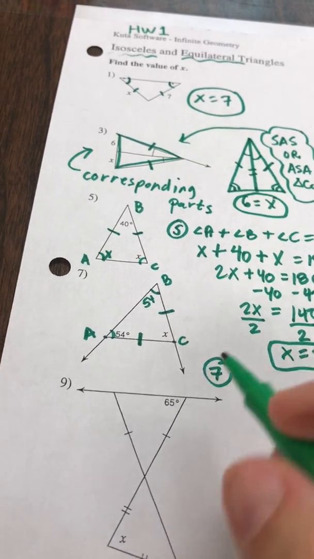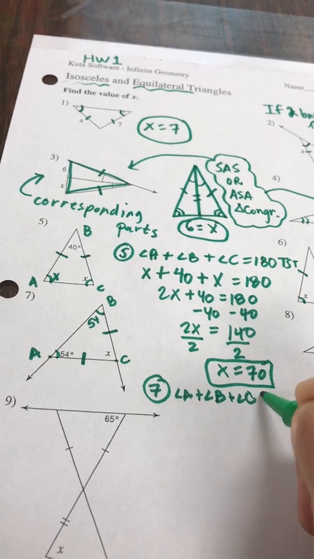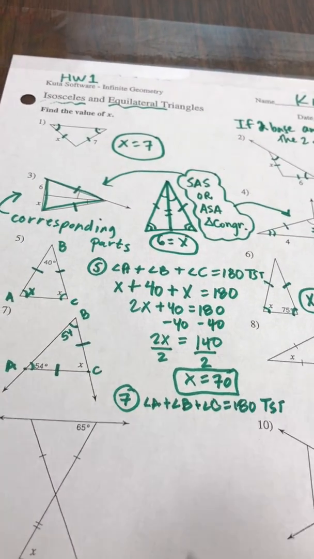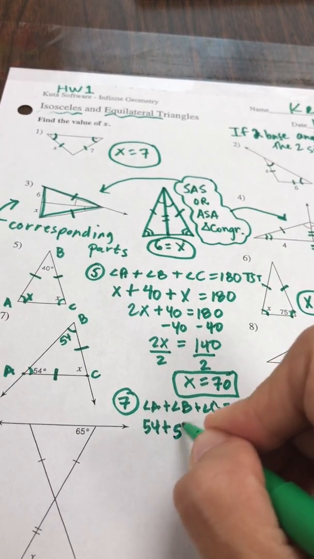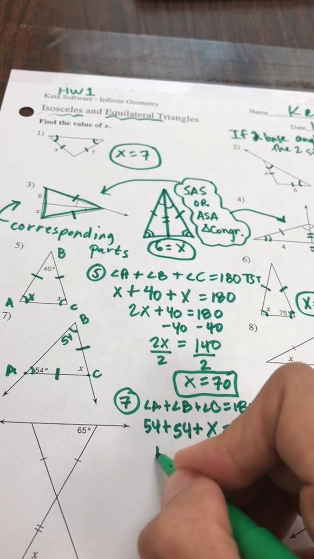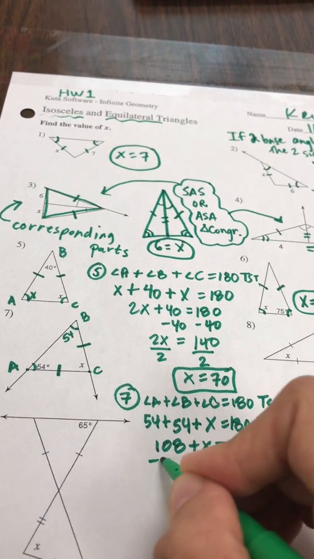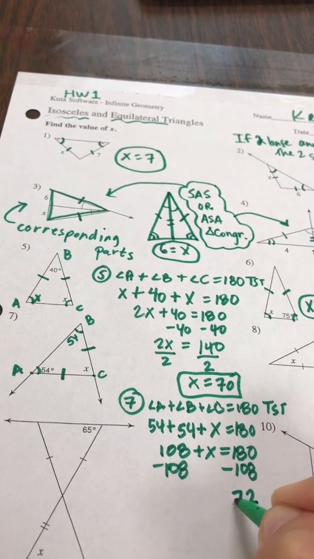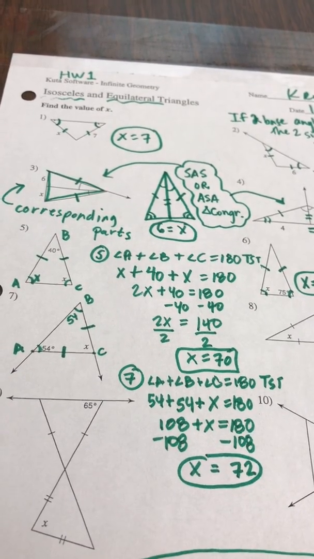Question 7, angle A plus angle B plus angle C all has to add up to 180 because of the triangle sum theorem. Angle A is 54, B is also 54, C is x. There we go.